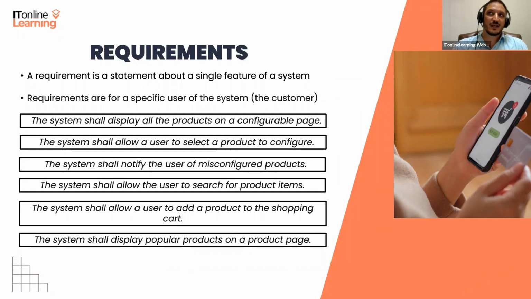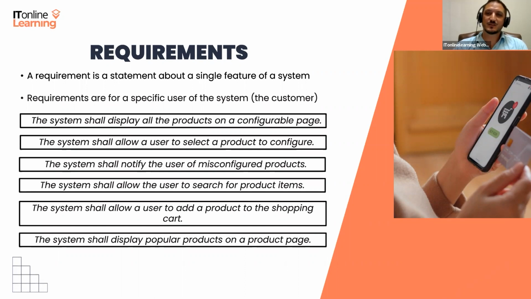If we imagine a software team or a web development team that are building an e-commerce platform, and they have elicited some requirements that state that the system shall allow the user to search for a product, or the system shall allow the user to add a product to a shopping cart, or the system shall display products on a product page. We can see these three requirements for the e-commerce system here.